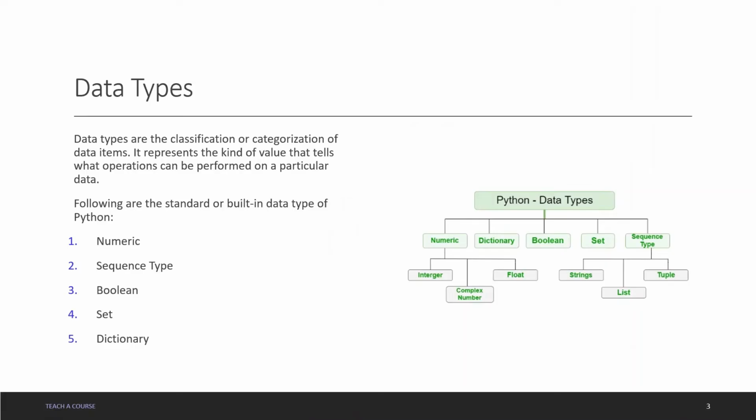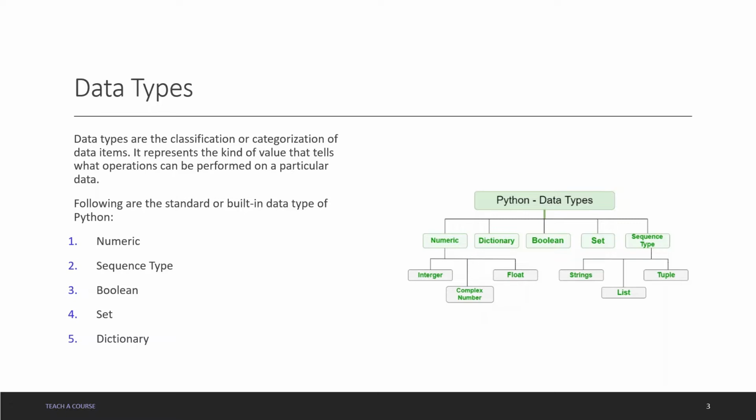Data types are the classification or categorization of data items. It represents the kind of value that tells what operations can be performed on a particular data.